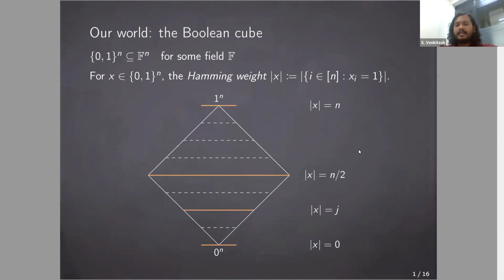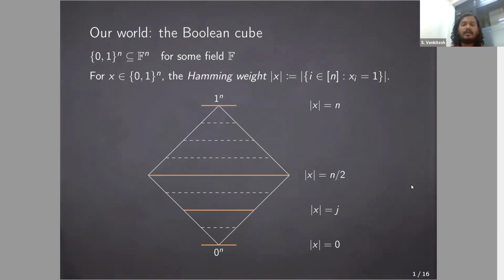And one important parameter that we are interested in is the Hamming weight of any Boolean vector. So for any Boolean vector x, the Hamming weight is defined to be the number of coordinates which are equal to 1, right? And pictorially, a very nice way to represent the Boolean cube is as a rhombus, where you have horizontal layers with one layer corresponding to each Hamming weight. So for instance, at the bottom, you have the all zeros vector, which is the only point with Hamming weight 0.